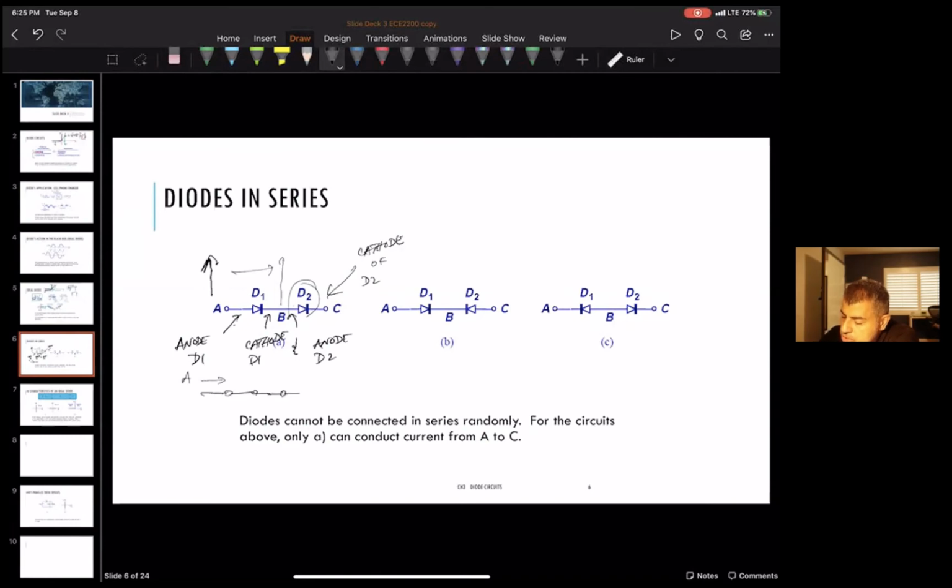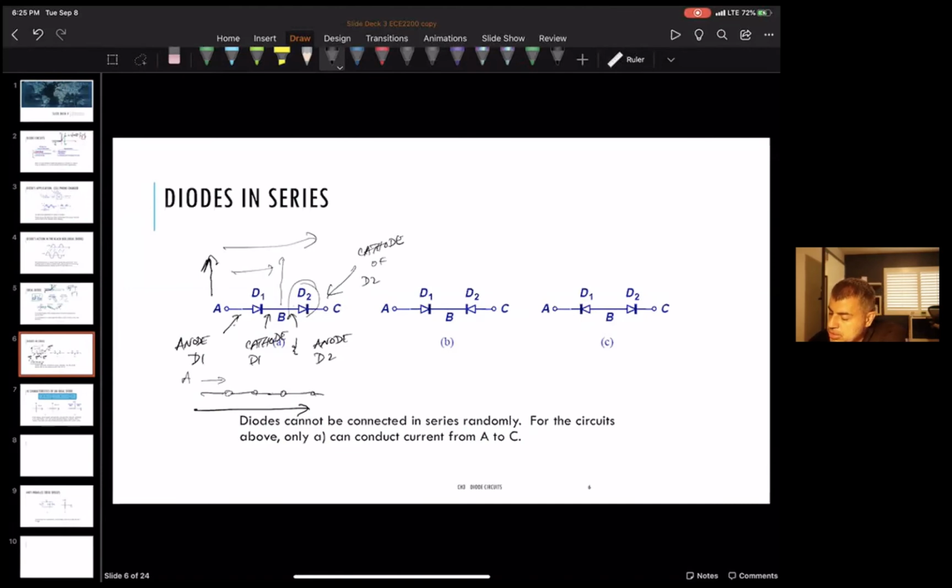So it'll also turn into a closed switch. So if you hook up two diodes in series like this, back to back, then you'll get a short across this in the case of A. So A is going to conduct from A to C.